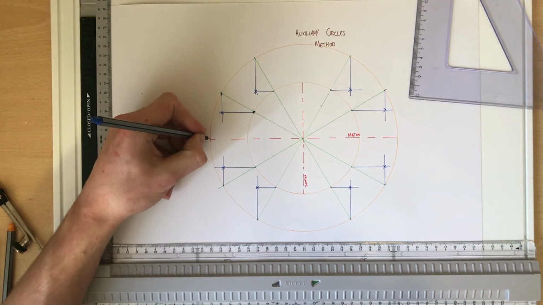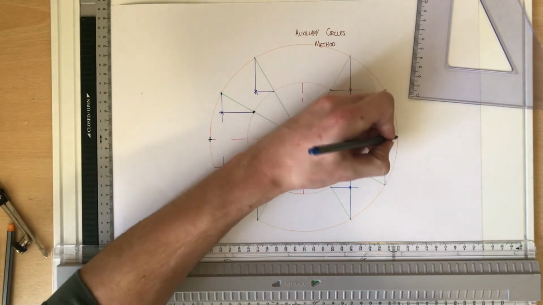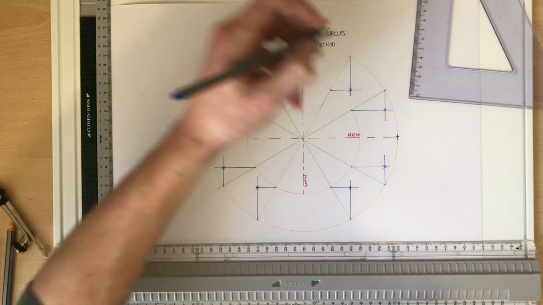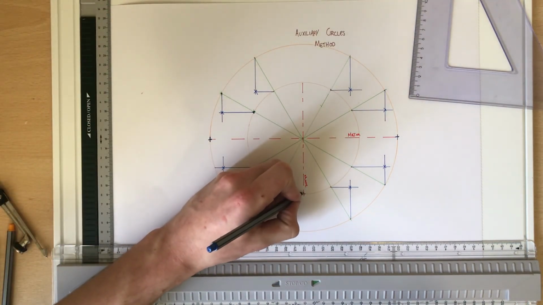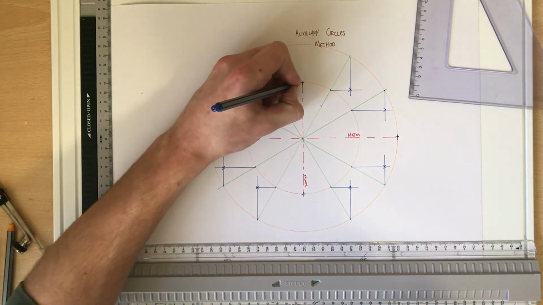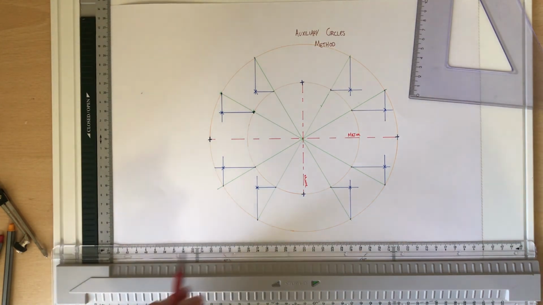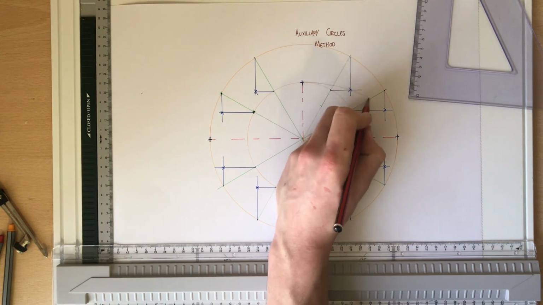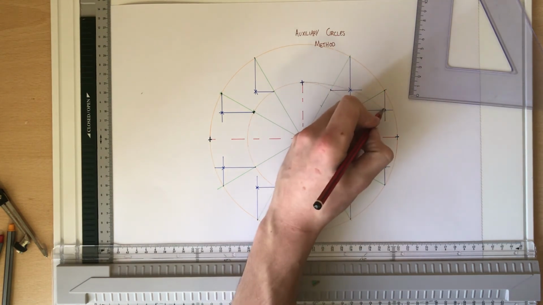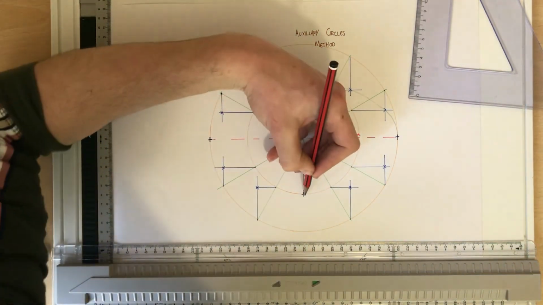And remember, the longest line on the ellipse will be the major axis. So both these points are on the ellipse, and the opposite of this, both these points on the minor axis are on the ellipse. So I'm going to get my pencil and join up these points, and we should start to see an ellipse being formed.